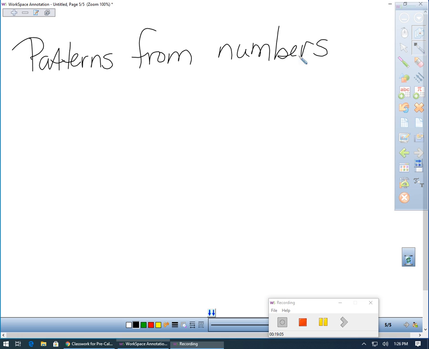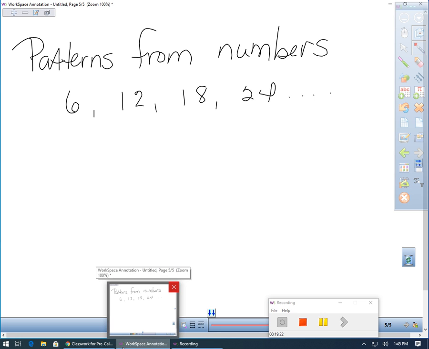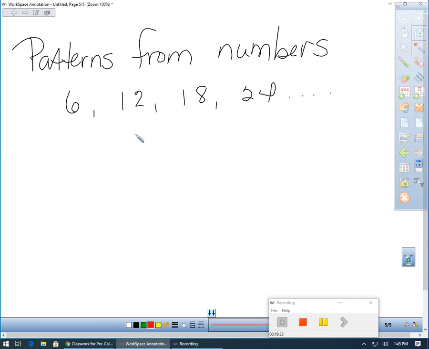Alright, so for example, if I have the numbers 6, 12, 18, 24, and I want to know what's the next 3 numbers in this. So if I wanted to know what the next 3 numbers are in our pattern here, how would I figure that out?